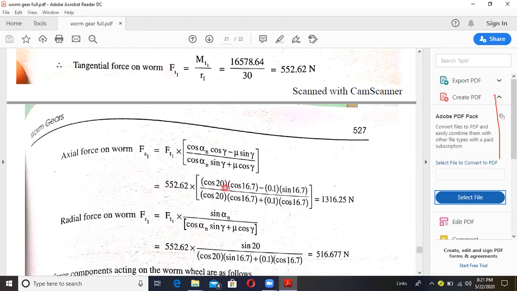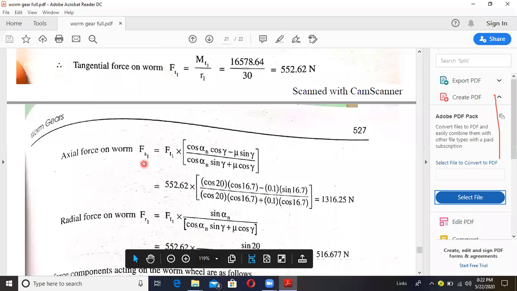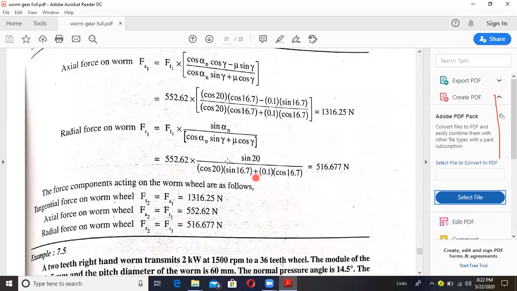Substitute alpha given in the question, that is 20, substitute gamma, substitute mu given in the question. Simplify, then we will get the axial force 1316.25 Newton. Next is the radial force. Radial force Fr1 is equal to Ft1 into this formula. Here alpha n you know, gamma you know, substitute Ft1, simplify, then we will get the radial force Fr1, that is 516.677 Newton.